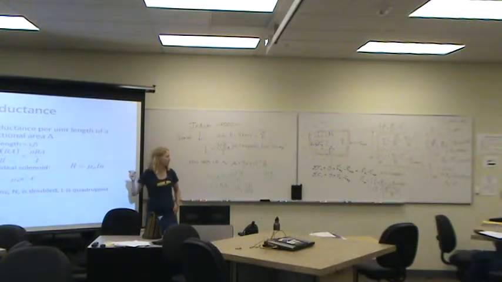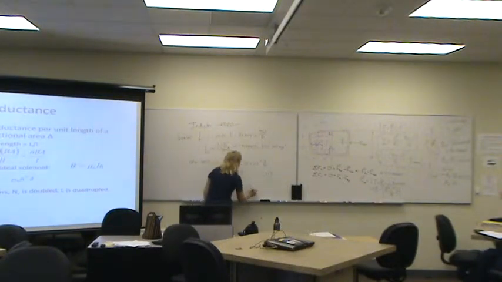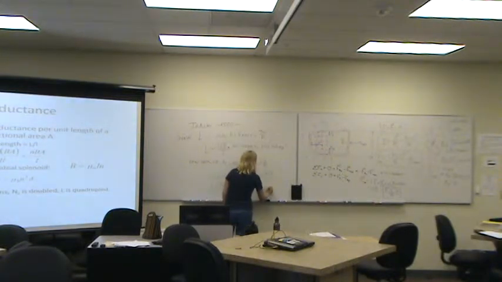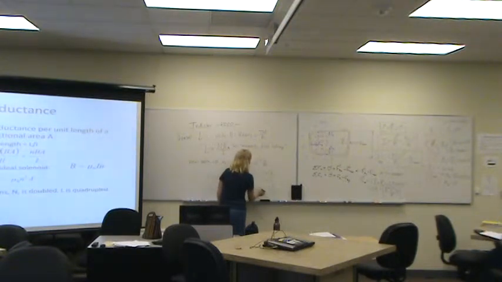What did we do with the solenoid to get a simplified equation? Sub for flux. Okay, so the simplification would just be B times A for the flux. And then everything else we had. So the B's cancel, which is cool.